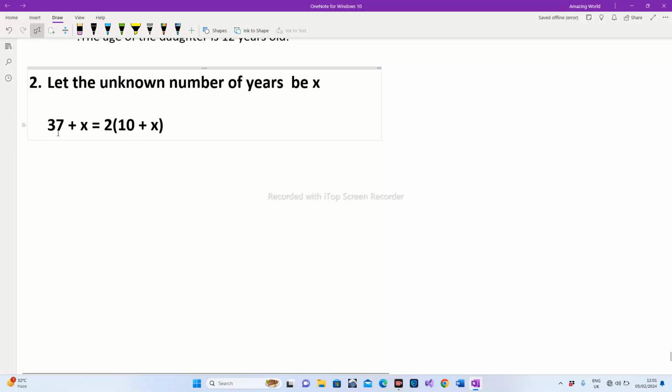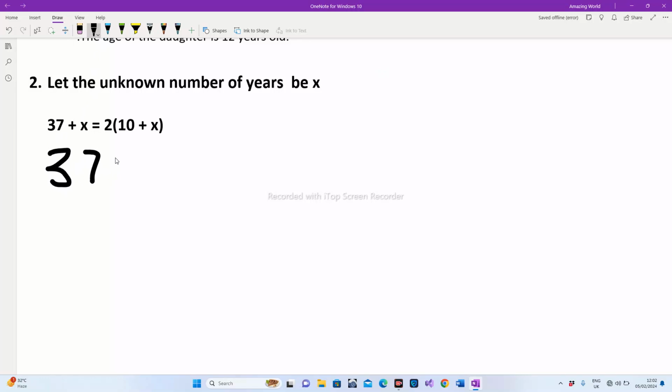But we have been told in the question that the age of the father will be twice the age of the son. So that is how we have this 10 plus x multiplied by 2. So to solve this is very easy. If you've been following through with me, you know that solving this is just like playing games with children. So let's do this very quickly.